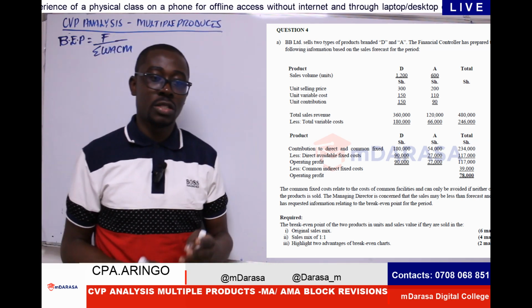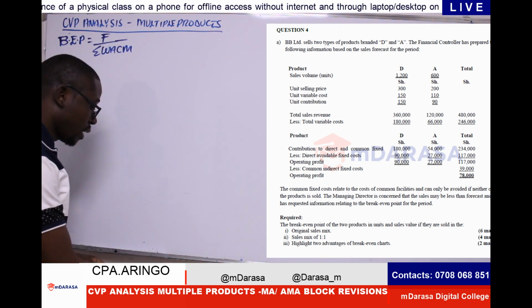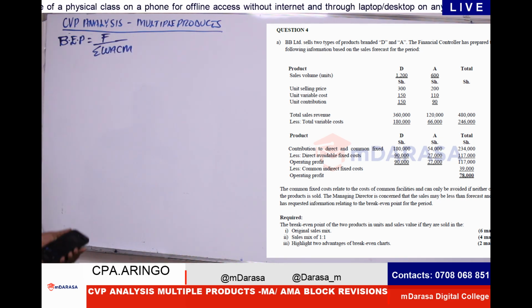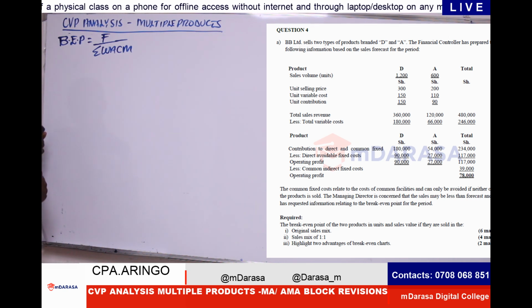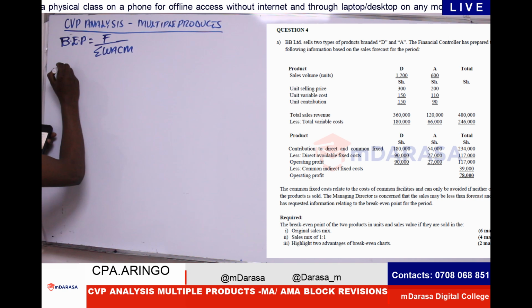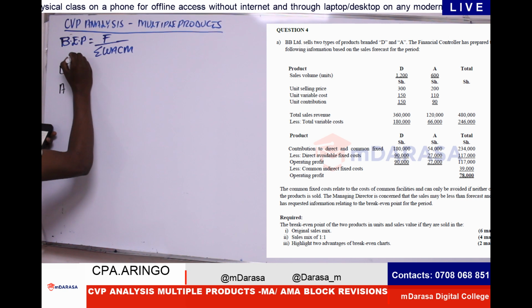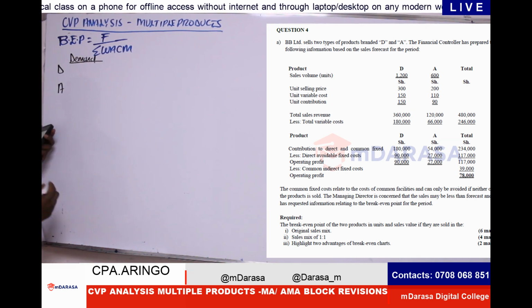So the weight in this context is what we are looking at as the mix, where for us to produce this product, we required the two items that we were given, which a good examiner had given us: product D and product A. Demand for the same will assist us to come up with a mix.